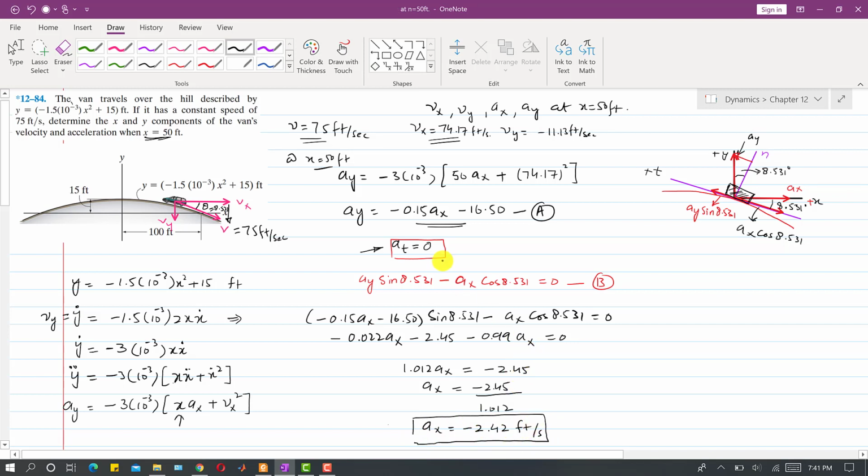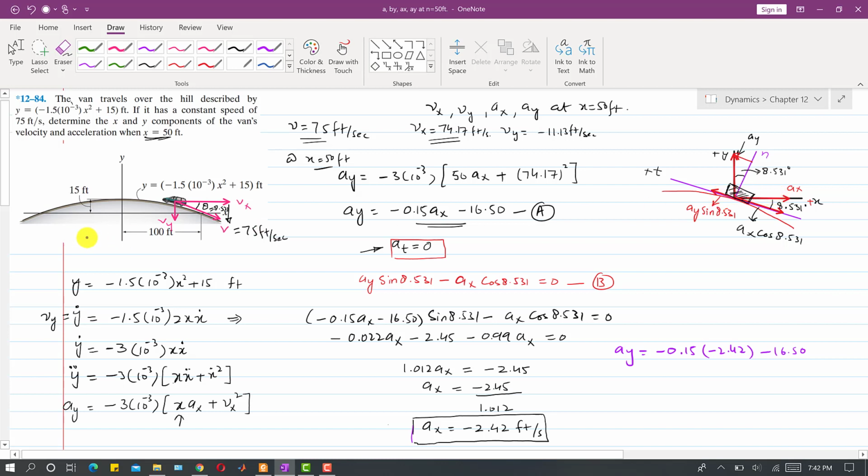So now if I put ax in equation A, we will be able to find this ay as well, right? So ay will be equal to minus 0.15 ax, and ax is minus 2.42, minus 16.50. So this will give us ay, and remember that this ax comes out to be negative, right? So this means that this assumed direction of ax is not accurate, so we need to reverse this direction, right?